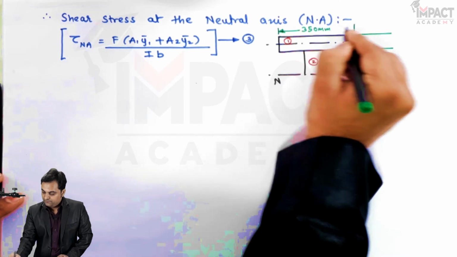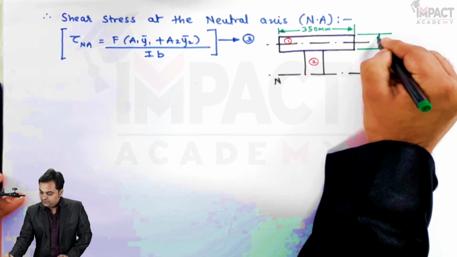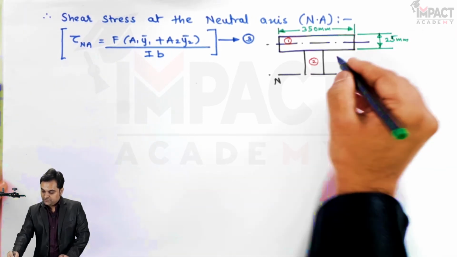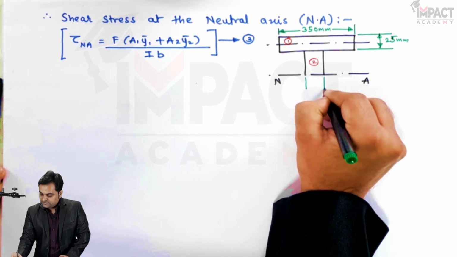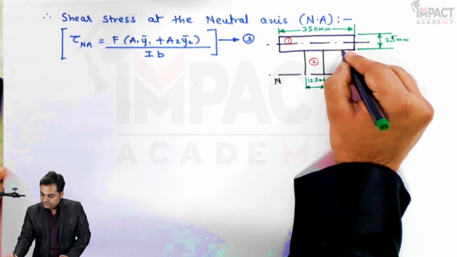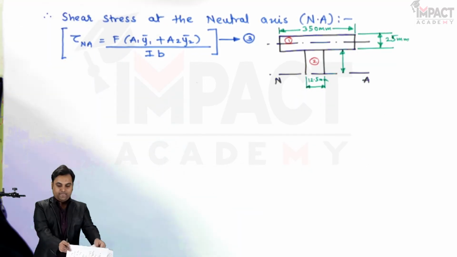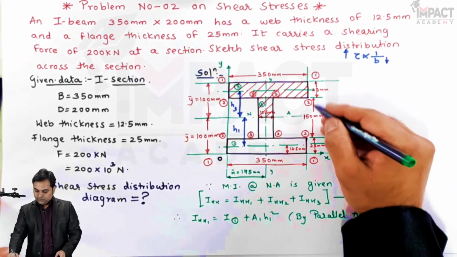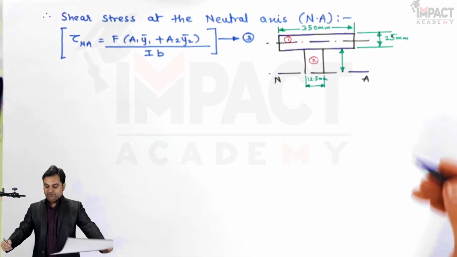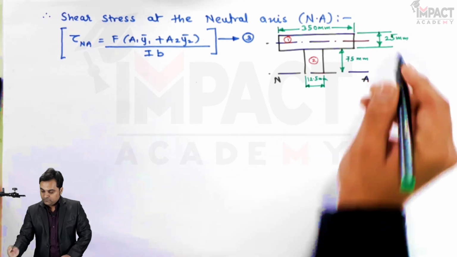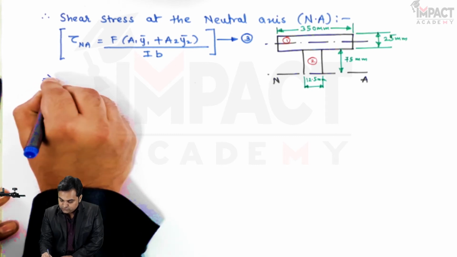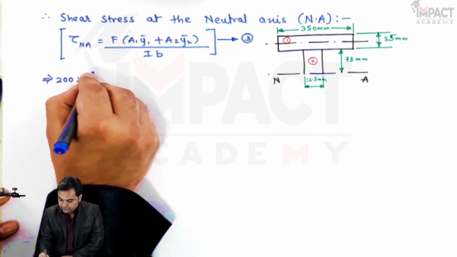Width is 350 mm for the flange, and this is 25 mm thickness of the flange. Next, here at the neutral axis, this is the width of the web, 12.5 mm, and this height is, since here this is 150, the total depth of the web, so this is half of 150, it means it is 75 mm. So I'll just go on putting the values here. F is 200 into 10 raised to 3.